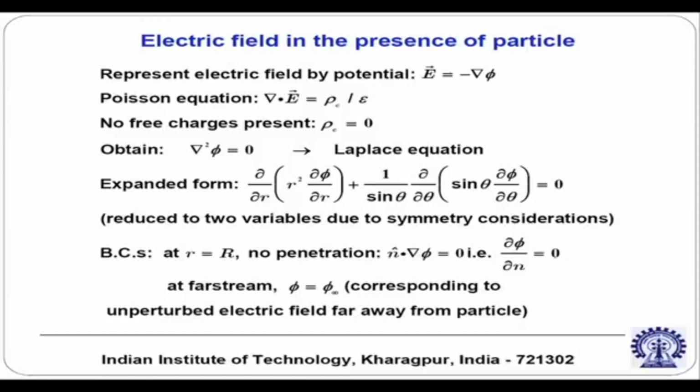Boundary conditions: at small r equal to capital R, there is the no penetration boundary condition, that is basically del phi del n equal to 0. Because of the spherical nature, n will be r, so it is del phi del r equal to 0. This is just like the no penetration boundary condition, and at the free stream, phi equal to phi infinity.